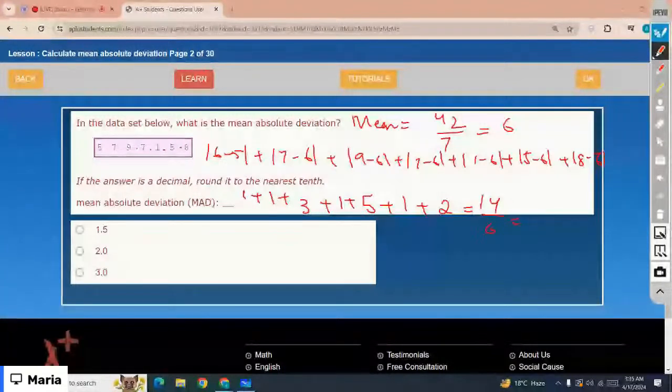The correct option is 2.0. You have to round off the answer. The correct option is 2.0.